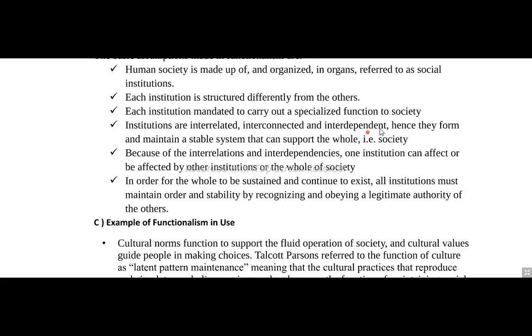So the same thing happens in society. Education cannot start by itself without other institutions. The government cannot just start by itself. The government includes the central government and all its various organs in the society, and it cannot just start by itself.